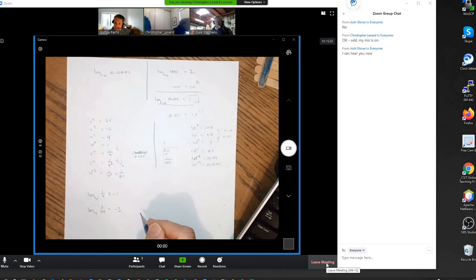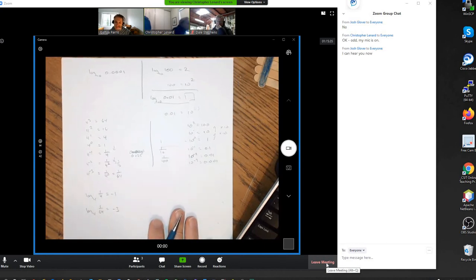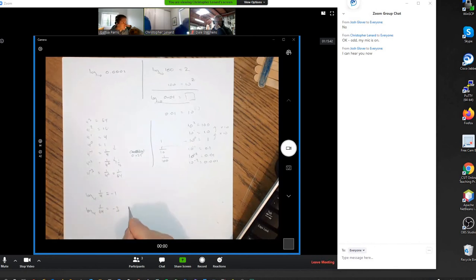I mean, often if you look at the exams that are on LMS, sometimes they might just write, why is log 4 of 1 over 64 equal to minus 3? Because 4 to the minus 3 equals 1 over 64.